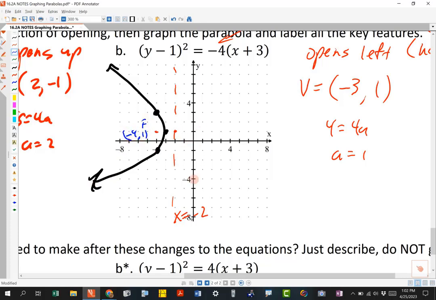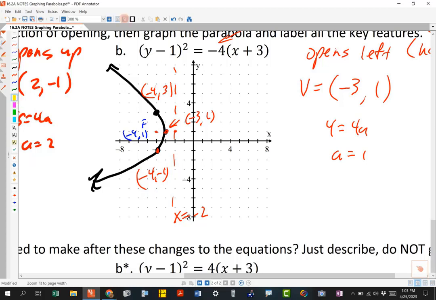The directrix is x equals -2, and then the vertex, vertex again is -3 comma 1, and then this point would be -4 comma 3. And then this point would be -4 comma -1. And we've got all those points there, all of the key points.